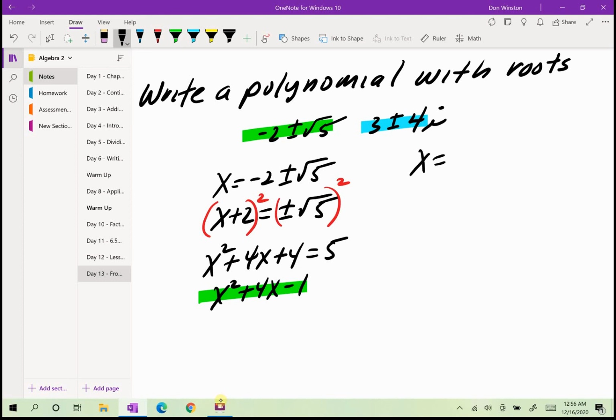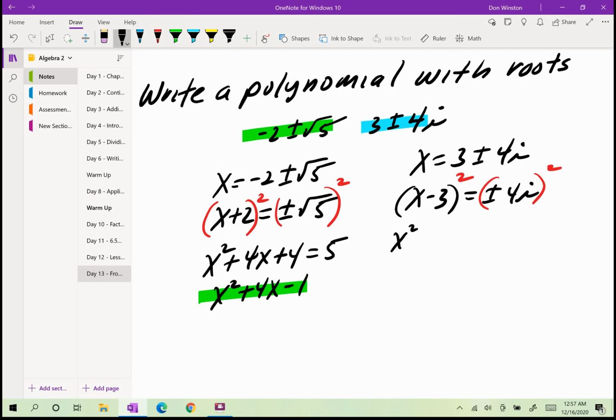So x equals 3 plus or minus 4i. I have to subtract 3. X minus 3 equals plus or minus 4i. Now I have to square both sides. And then FOIL x minus 3 squared.